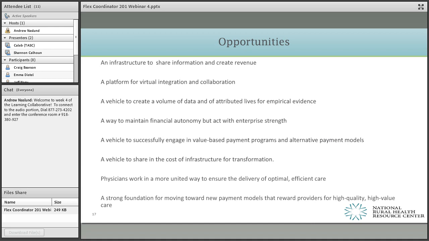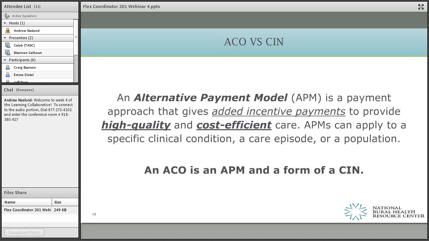So it really broadens the opportunity for delivery reform, and of course that ties into payment reform. Finally, it's a strong foundation for moving toward new payment models that reward providers for high quality and high value care. So you can get paid more, you can collaborate, you can act as an enterprise, you can share costs and get better return on investment by participating in a clinically integrated network.